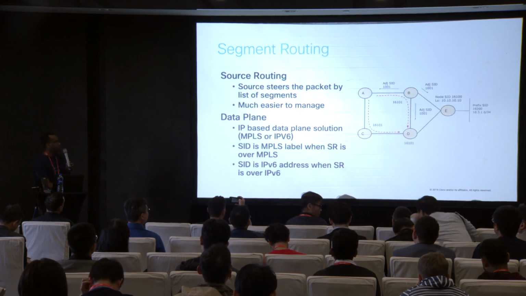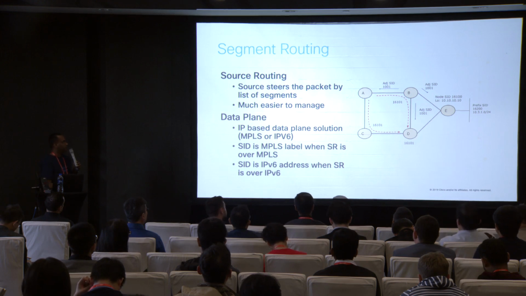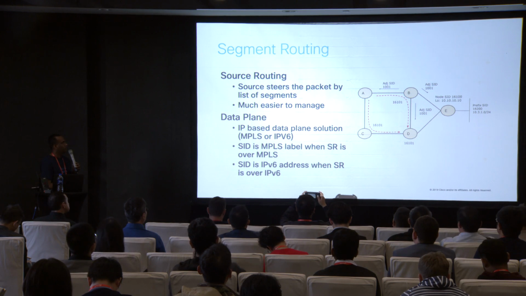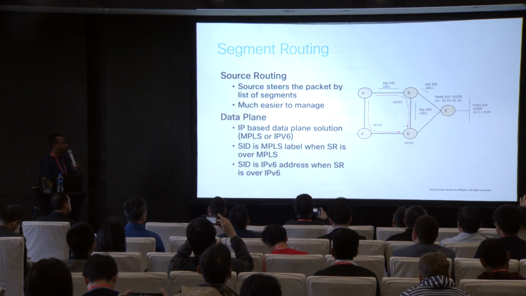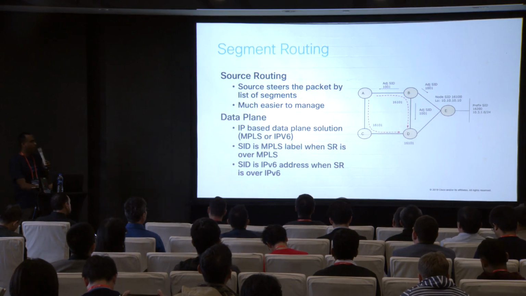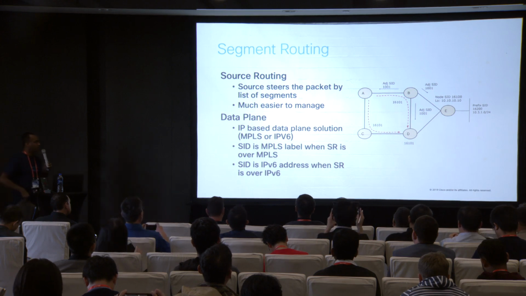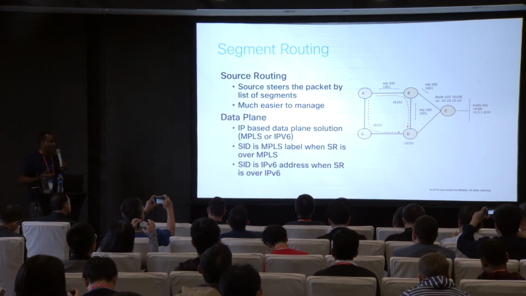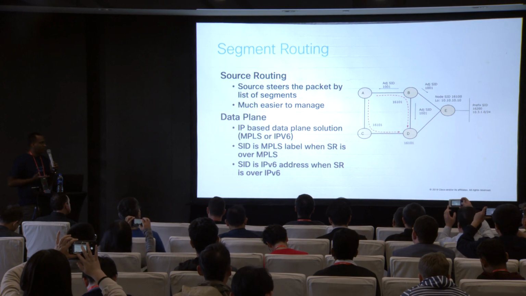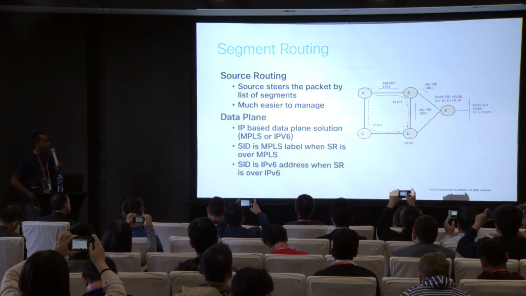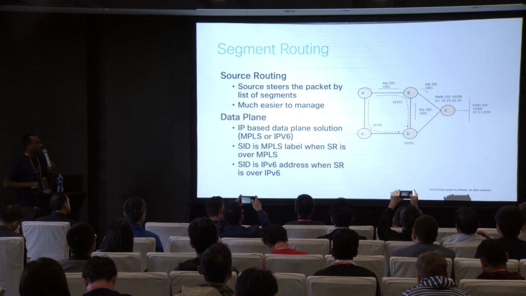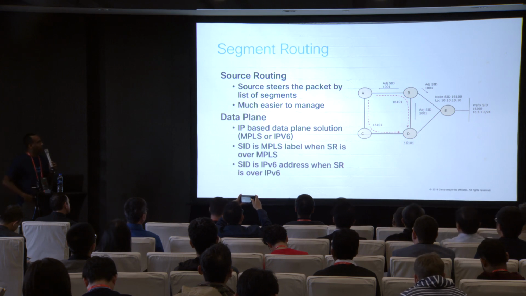Segment routing is something new, but it really works on IP technology. So for segment routing to happen, you need to have an IP domain, and it can happen on an MPLS network as well. There are two things that segment routing uses.